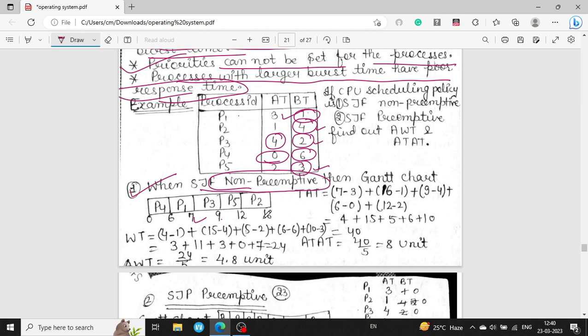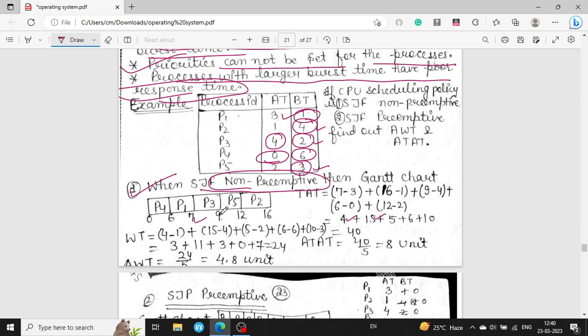This is the Gantt chart of shortest job first non-preemptive. Now you have to find the total turnaround time. How to calculate it? Completion time minus arrival time: P1 is 7 minus 3, that is 4, and after that P2 is 16 minus 1, 15.